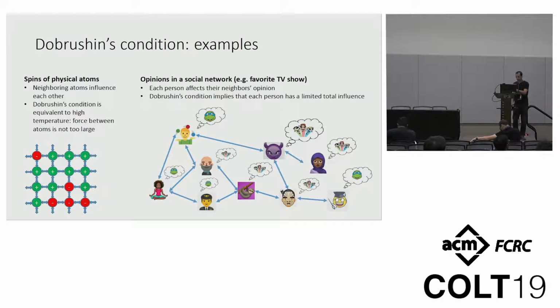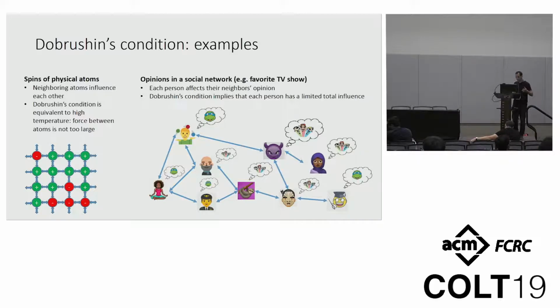The second example is a CS example. Here we have a social network, and each person has a different opinion, like a different favorite TV show. While friends tend to have a higher probability of favoring the same shows, if the correlations are weak enough, then the Dobrushin's condition is going to hold, and the samples are going to be roughly IID.